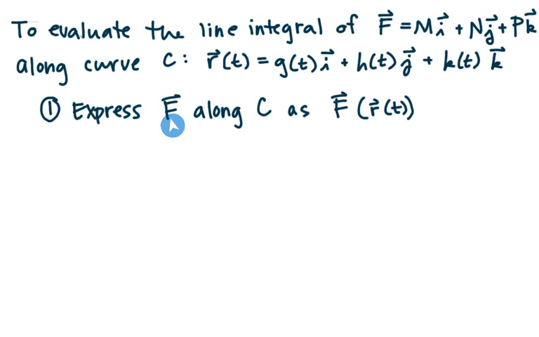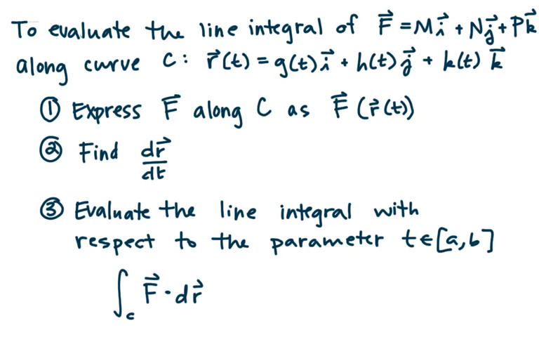So we'll express F along C as F composed of r of t, plugging in or subbing components into those three multivariable functions, M, N, and P. The second step would be to find that velocity vector, the derivative of r with respect to t. And then the third step here is to evaluate that line integral with respect to the parameter t.